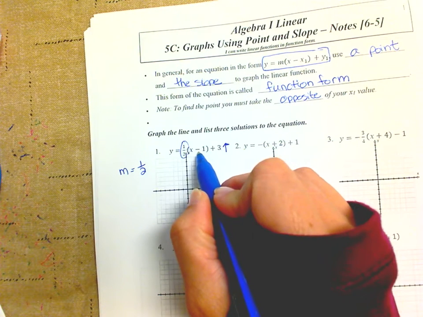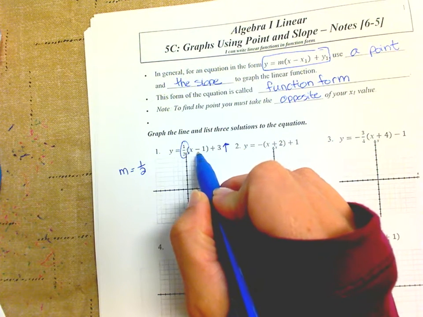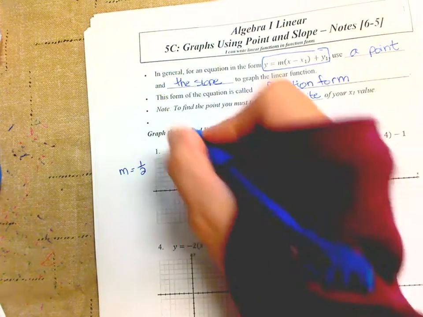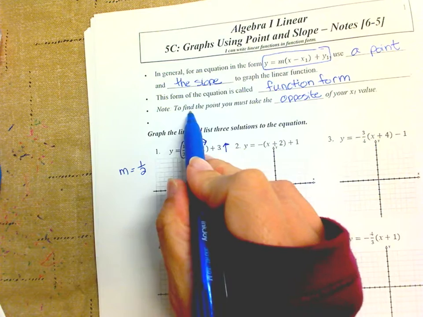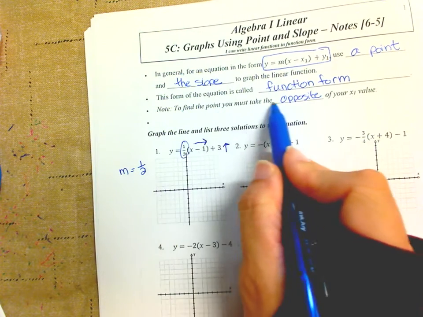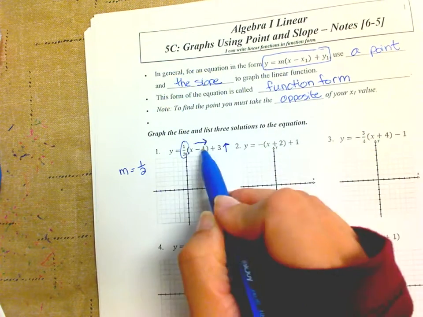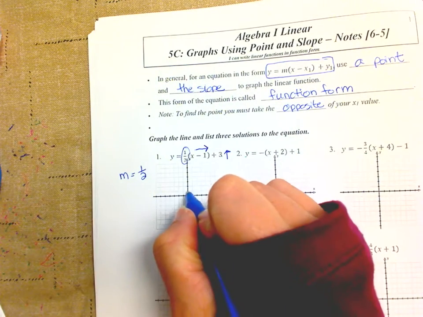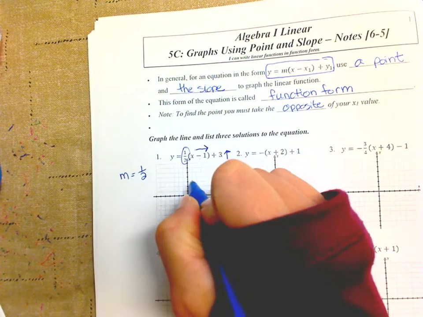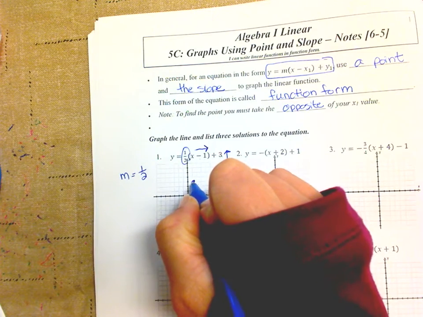So since this is a -1, you would normally think to the left 1, but we're actually doing the opposite and going to the right. That's what it means, to find the point, you must take the opposite of your x1 value. So we are going to go up to 3 and right 1. Put a big point there.